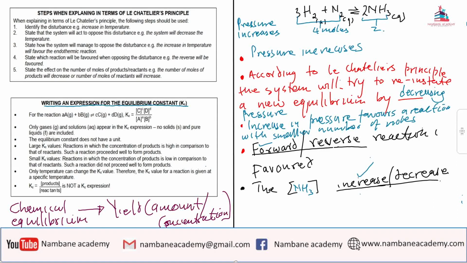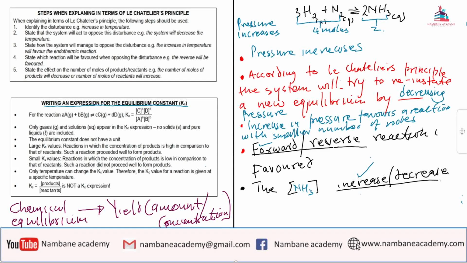Large Kc values: a reaction in which the concentration of products is higher in comparison to that of the reactants. Such a reaction proceeds well to form products. I'm going to explain all this. Small Kc value: reactions in which concentration of product is low in comparison to that of the reactants. Such a reaction did not proceed well to form the products.